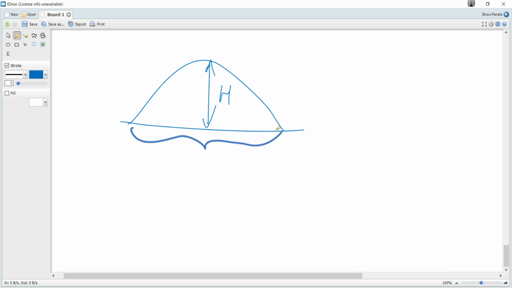It means horizontal distance traveled, and some initial speed u at some angle theta to the horizontal. The same ball is projected at the same angle and speed on a planet where the acceleration due to gravity is 3 times that on Earth. So on Earth it's g, on the planet it's 3g.